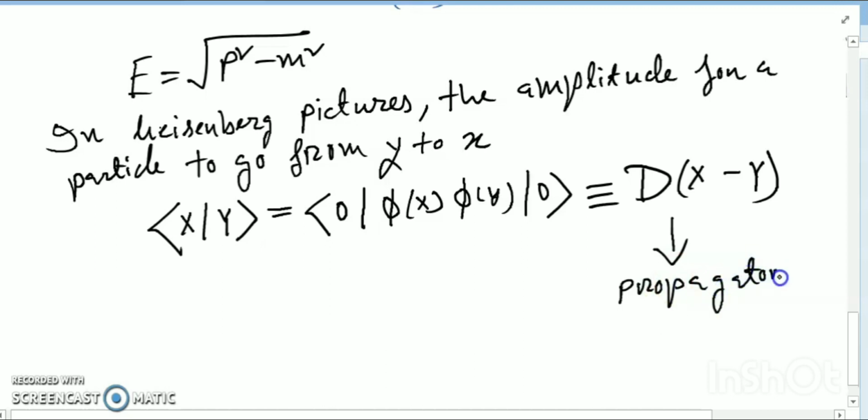We are now going to be working with fields, so let me quickly remind you what the expression for our field is.